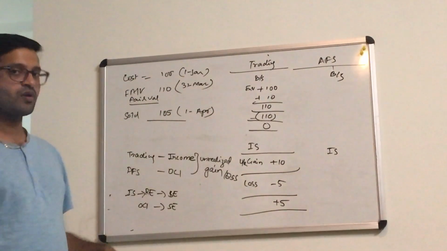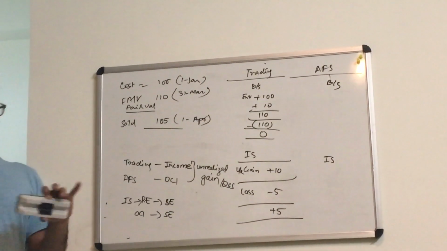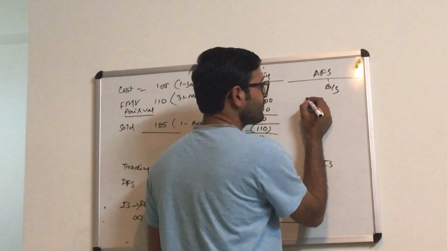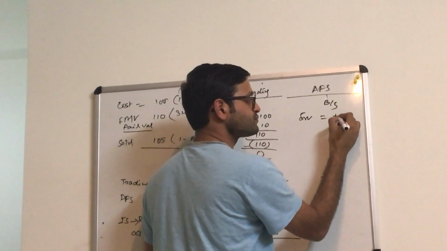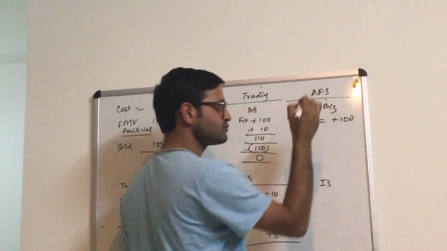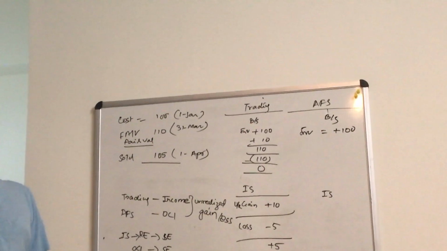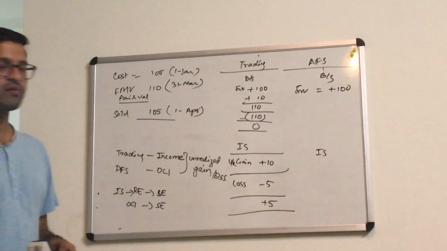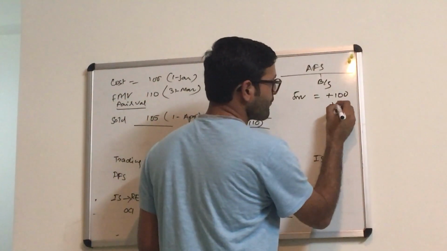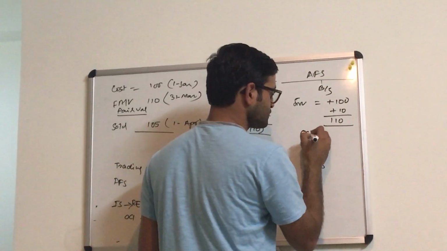Okay. Moving on. If it happened to be an AFS investment on 1st of January. Good with that? Coming to 31st March, fair value is now 110. What do I do? Investment plus 10. That will again be increased by 10. And now instead of reporting it on the income statement, we will report it on OCI.